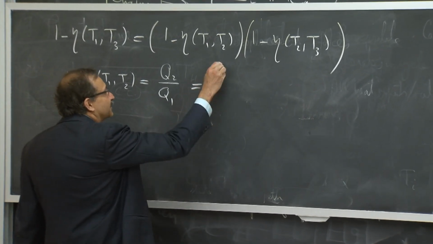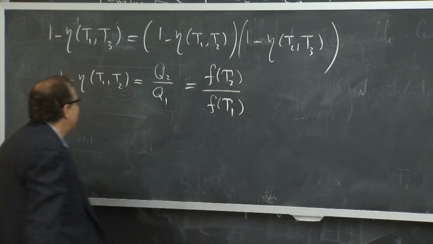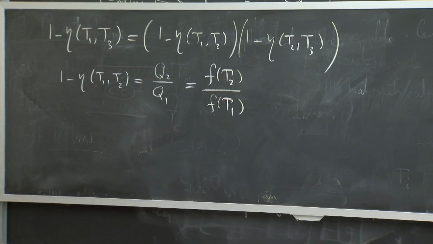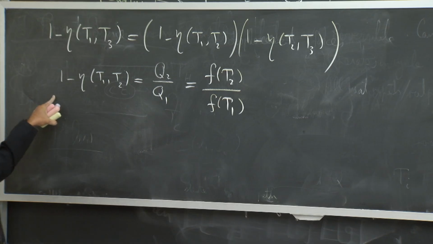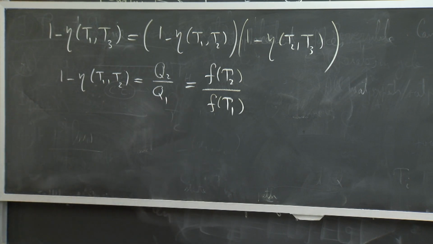If I write the function as the ratio of some function of t2 divided by some function of t1, it would cancel in precisely the same way that when you were multiplying Q2s and Q1s, the cancellations occurred. Okay? So what I need to do is to postulate that this is of this form. And then actually I'm free to choose any functional form for f that I want.